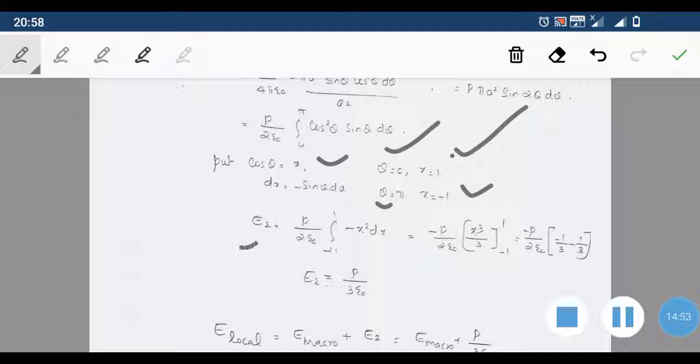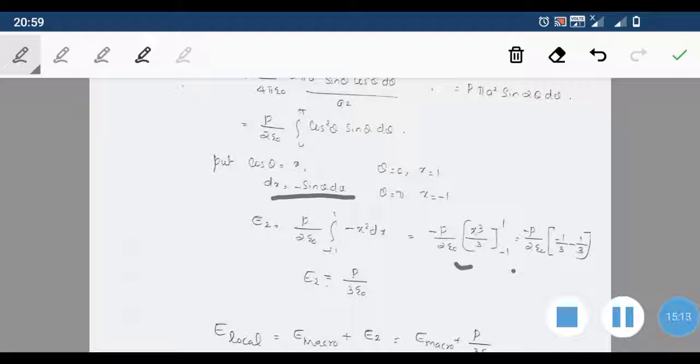Then E2 will be equal to P by 2 epsilon 0 into integral minus 1 to 1 minus x square dx, because since cos theta is equal to x, dx is equal to minus sin theta d theta. So it is minus 1 to 1 minus x square dx. By substituting, we will get minus P by 2 epsilon 0. Integral of x square is x cube by 3 within minus 1 to 1.